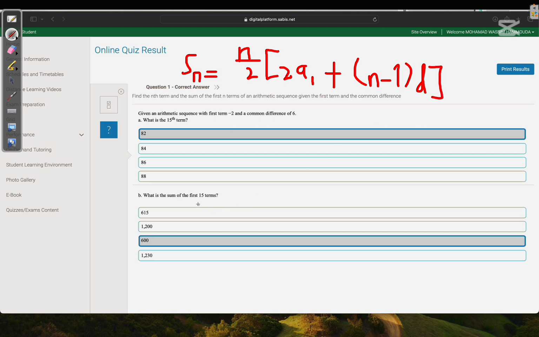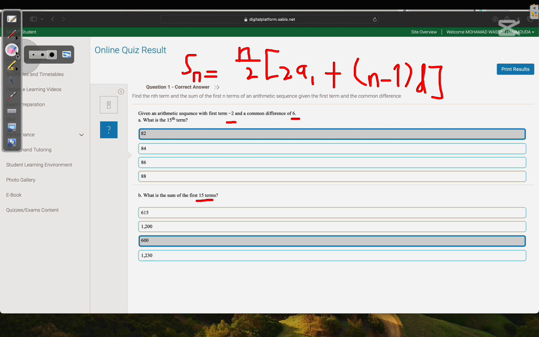So here, since n is 15, a1 is -2, and d is 6, we get 15 over 2, brackets 2 times -2 plus 15 minus 1, which is 14, times d, which is 6, is equal to 600.